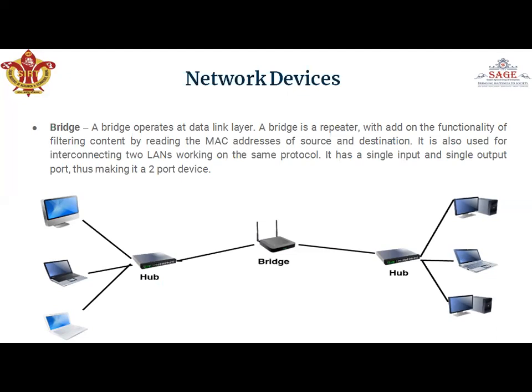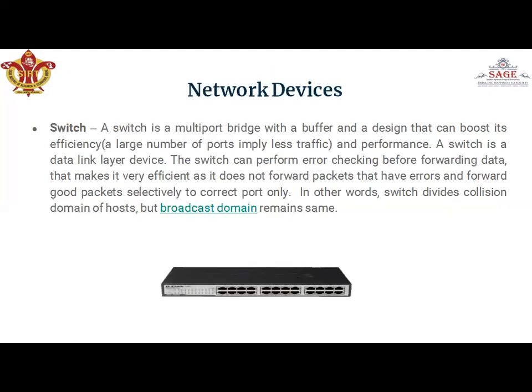It has a single input and single output port, thus making it a two-port device. In the given diagram, we can see that one bridge lies between two hubs, and each hub contains multiple devices. So a bridge can work between the two hubs.